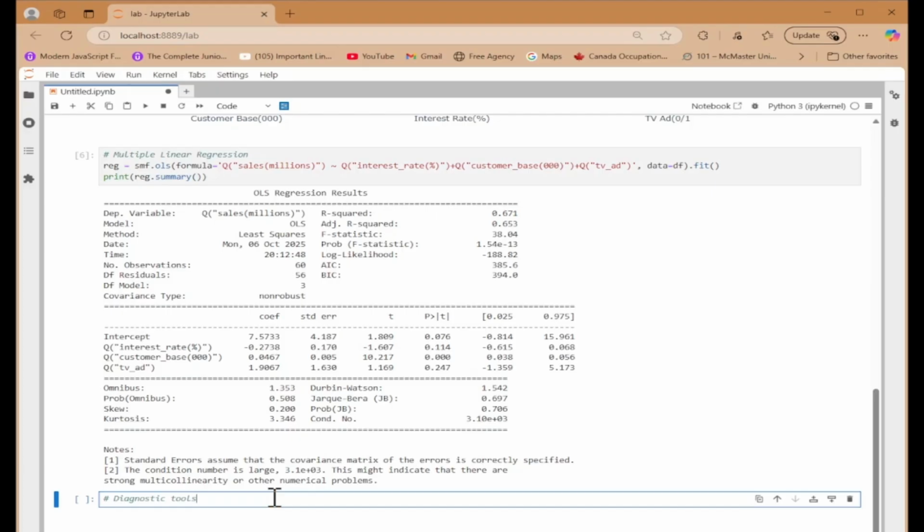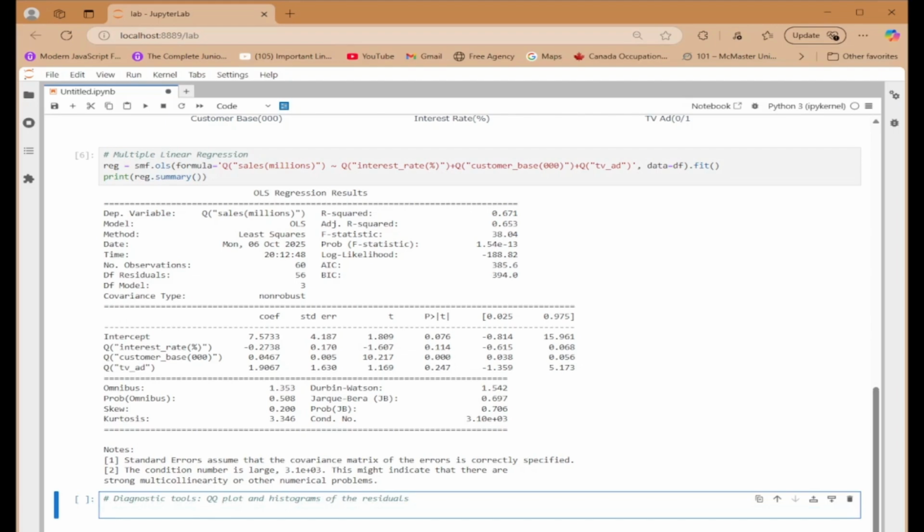I am going to use two things: a QQ plot and histograms of the residuals. And then numerically also, through the Shapiro-Wilk statistic, I am going to show to what extent we have the problem of residuals not being normally distributed. Okay, so let's start with that.